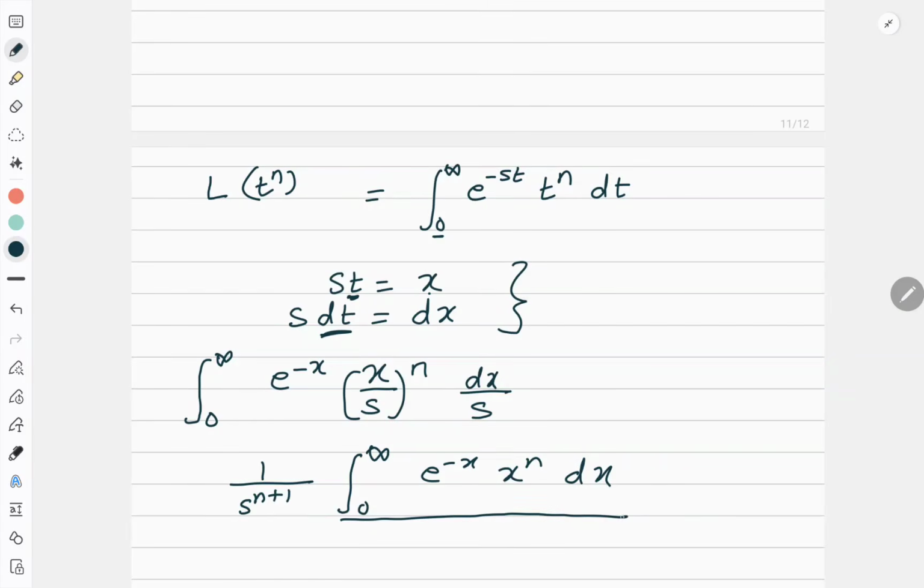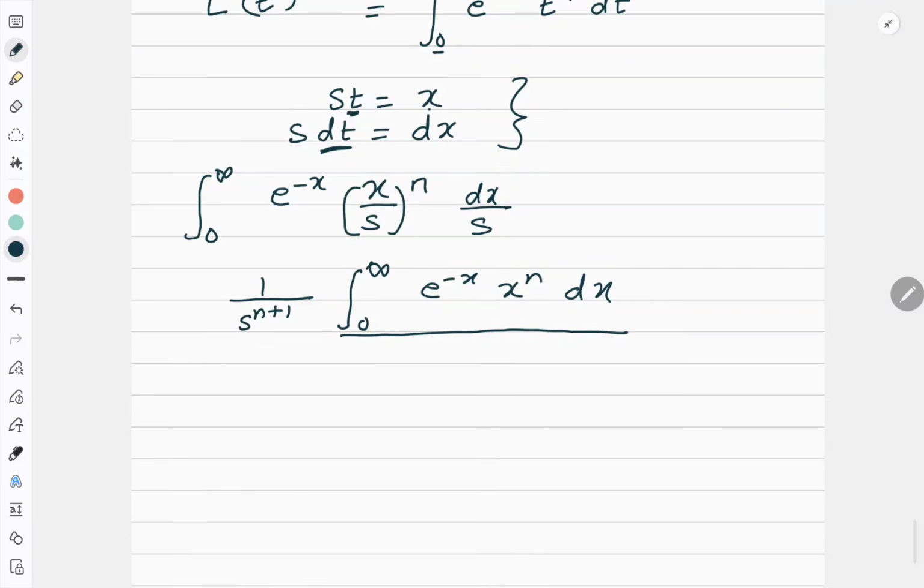And this integral is a standard result, gamma function, right? So this is 1 upon s to the power n plus 1 gamma n plus 1. So my formula for Laplace of t to the power n is equal to gamma n plus 1 upon s to the power n plus 1.